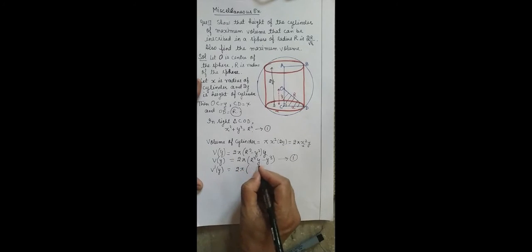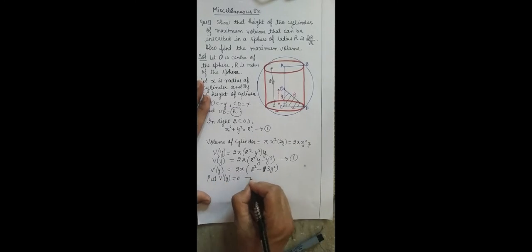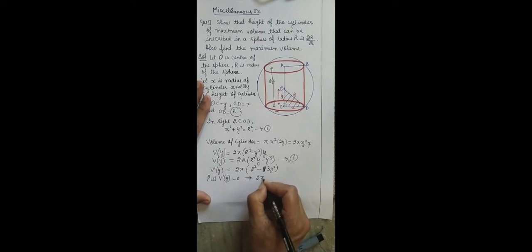So what will be V dash y now? It will be 2 pi into, R square is constant, so derivative of R square y is R square, and y cube's derivative is 3y square. Now in the next step I will put V dash y as 0, which gives me 2 pi into (R square minus 3y square) equal to 0.